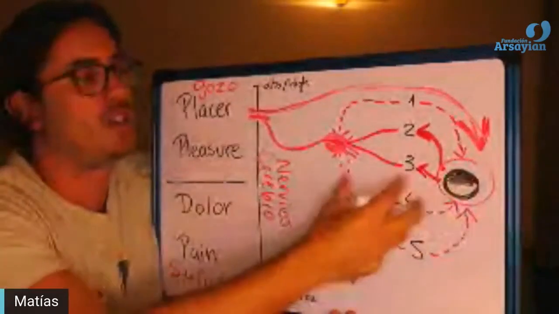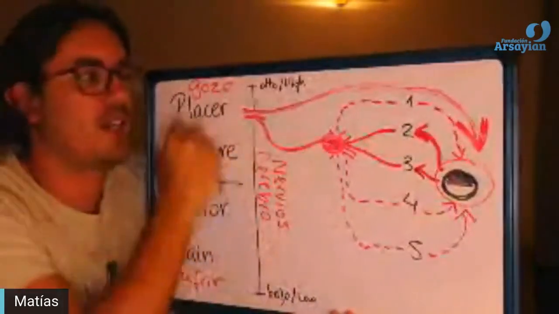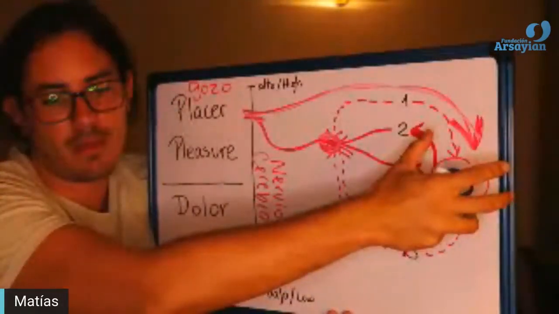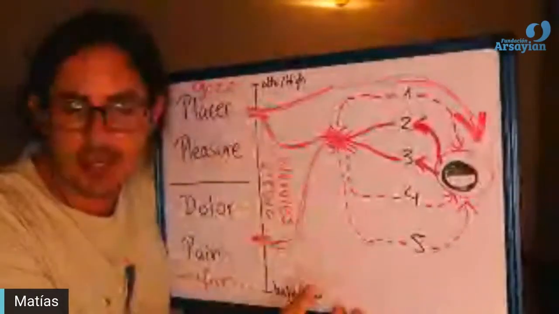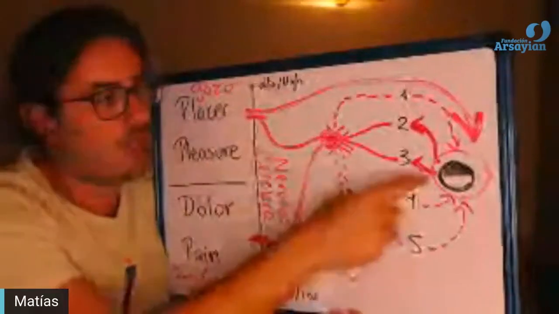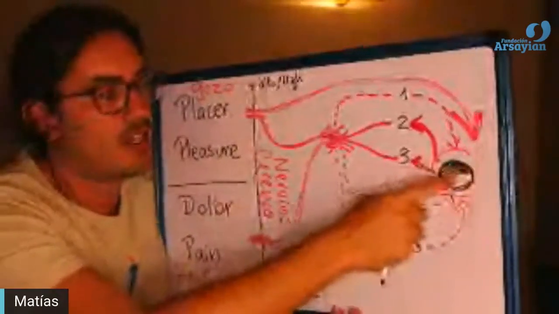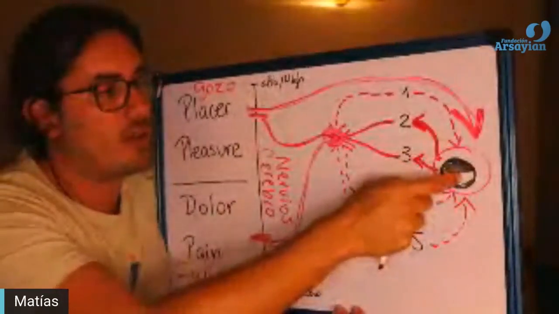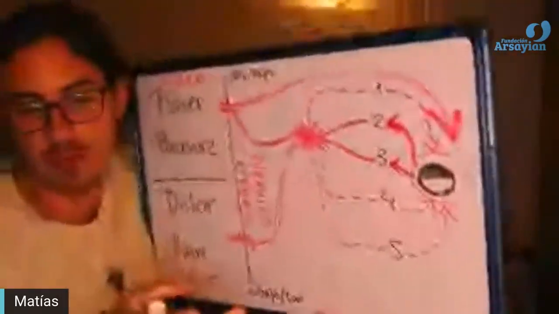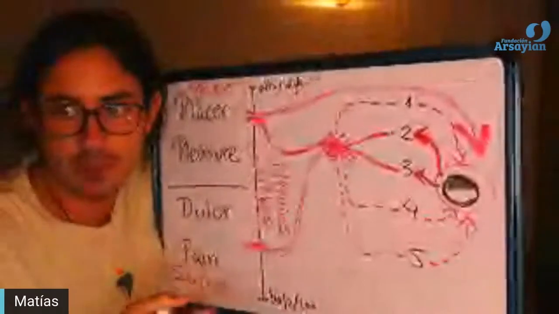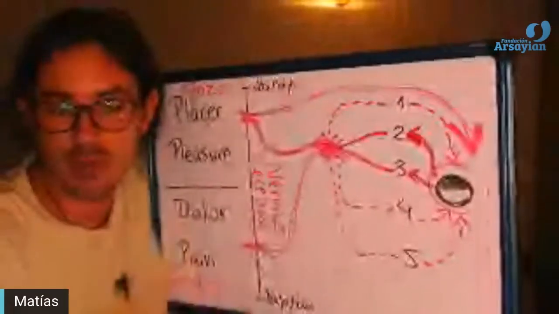So this is another one of receiving and giving. A basic example would be fire. You have fire here. Through the senses, you can experience fire in two different ways.